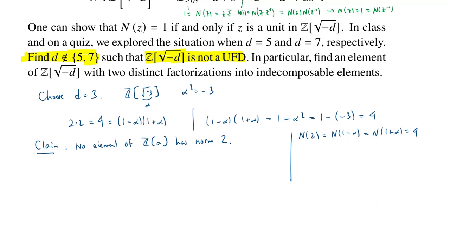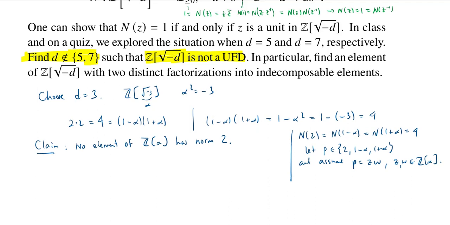So if I could take any one of these and factor them, okay? So let's call it P, be one of these. I don't know which one, I don't care, it could be any one of them. And assume P is equal to Z times W, where Z and W are in Z alpha.